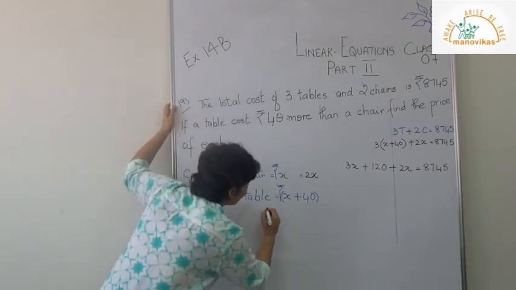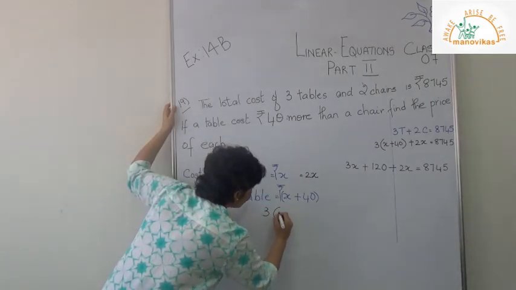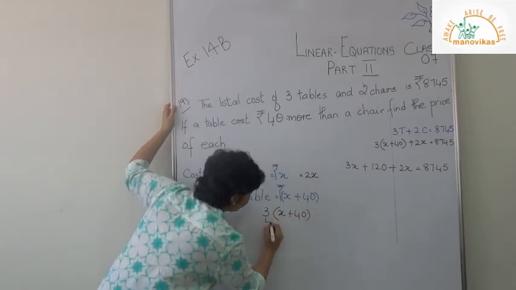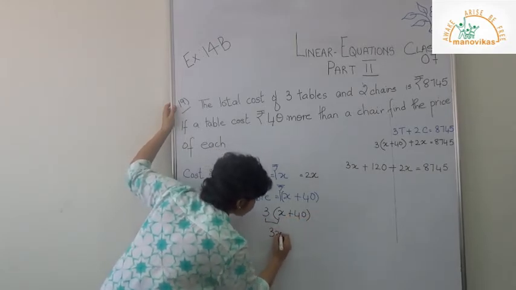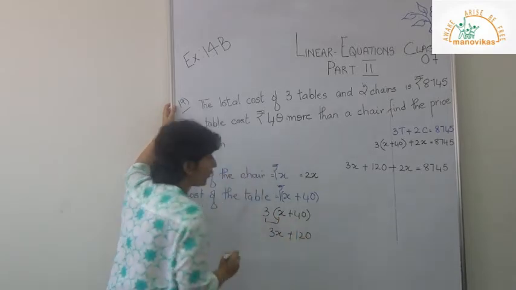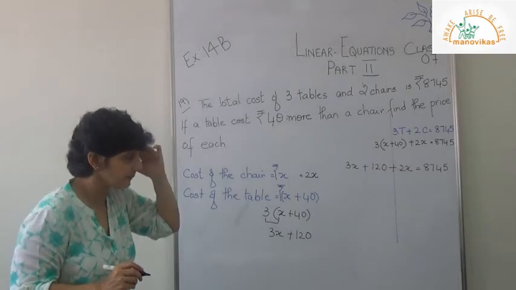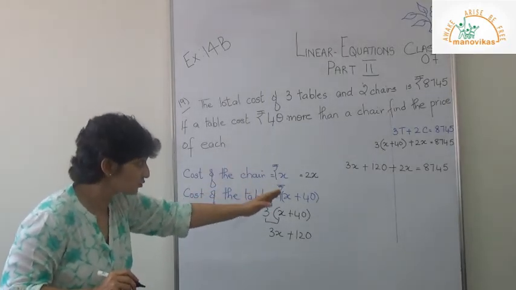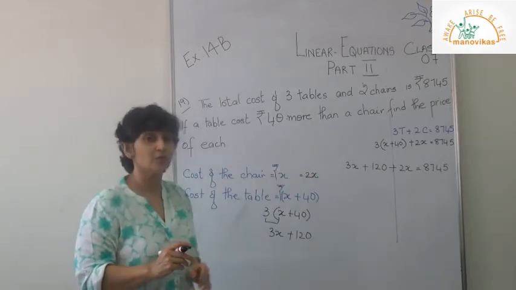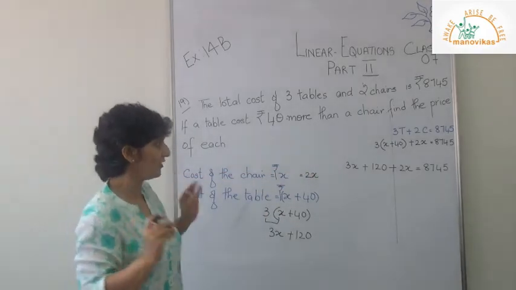And I think we have 3 tables. So it is 3 into X plus 40. So this would give me 3 into X is 3X plus 3 into 40 would give me 120. Is that clear? So 3X plus 120 plus 2X is equal to 8745.